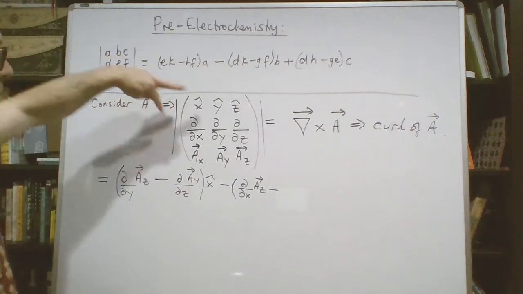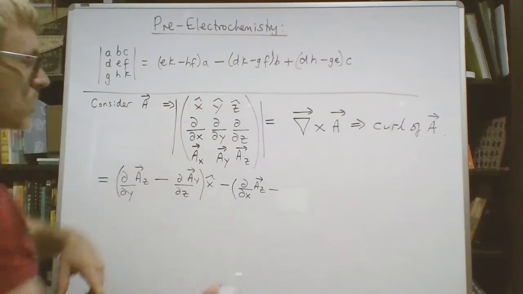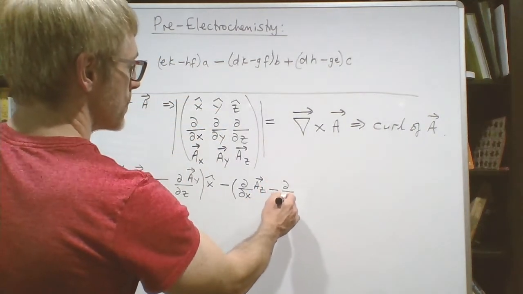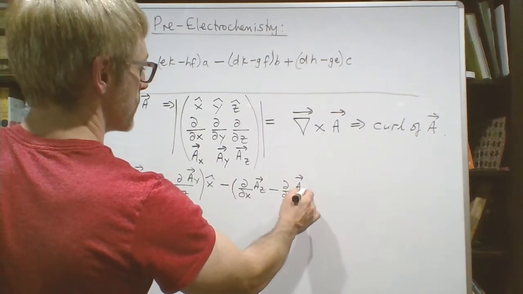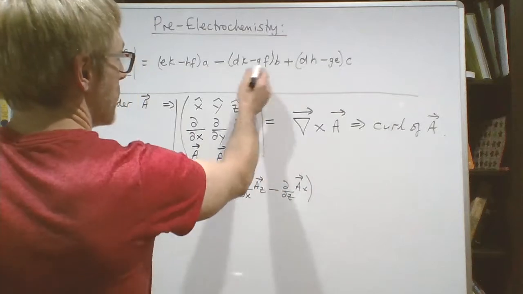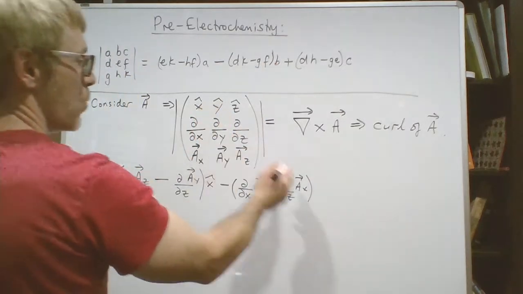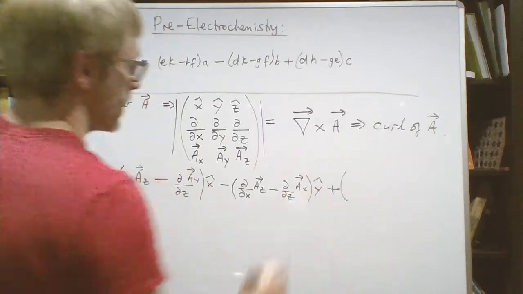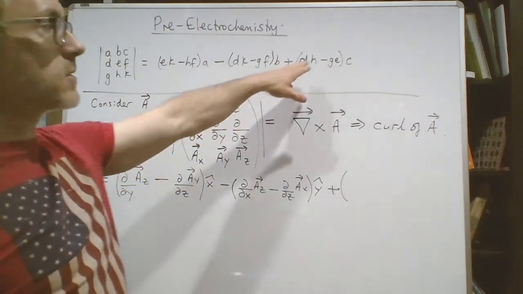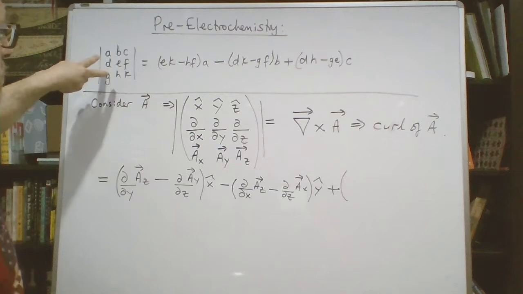GF, which is these two, which means it's these two, which is d by dz, and then AX. And then I've got B, which in this case is y roof. And then I've got to add my z term, which is DH.